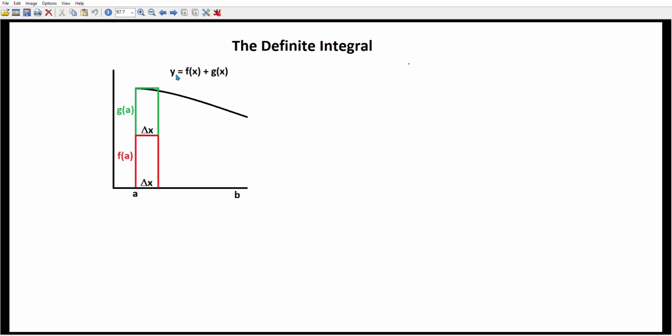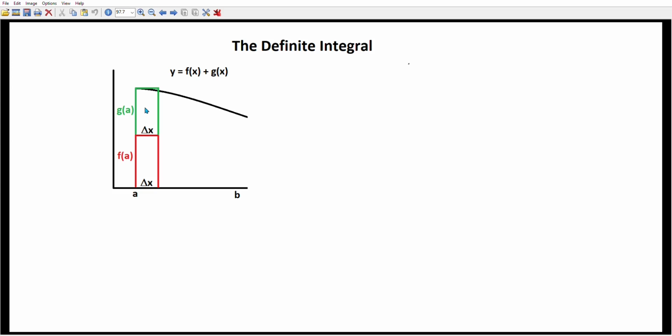What happens when we add two functions and integrate? Well, if this is the function f of x plus g of x, we can see this height is going to be f of a plus g of a. And we get a little red rectangle here, which is exactly the sort of rectangle we would get if we were doing a definite integral of f of x.